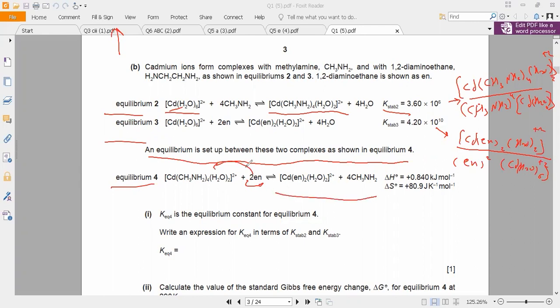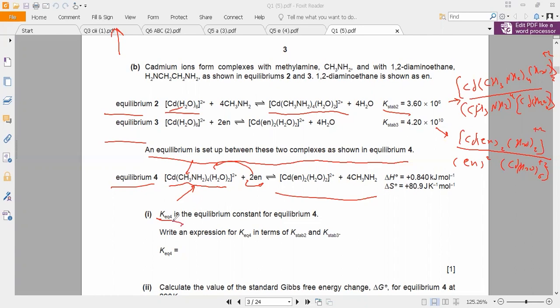Guys, do we have Kstab here? It is not Kstab. It is not any type of case we took before. They wrote it as K equilibrium because if this one was Kstab or stability constant, this one should be in water only, not methylamine and water.